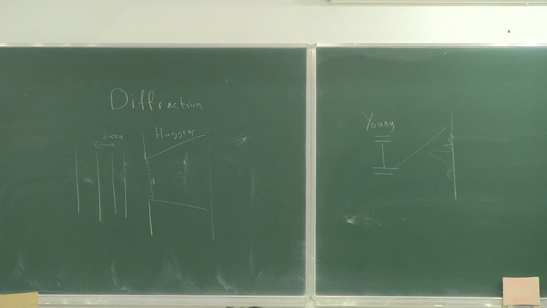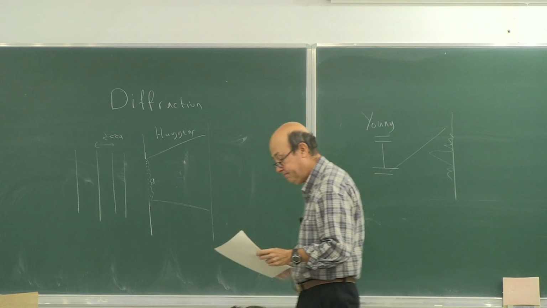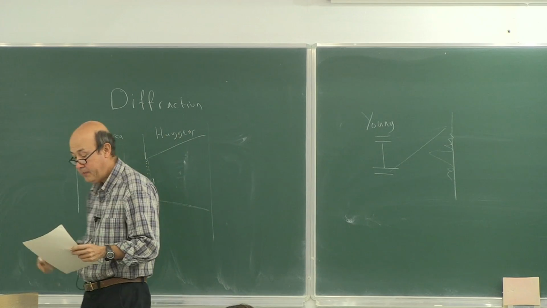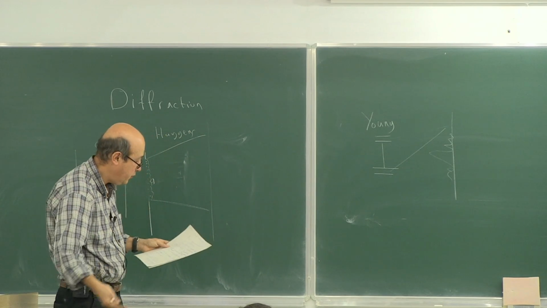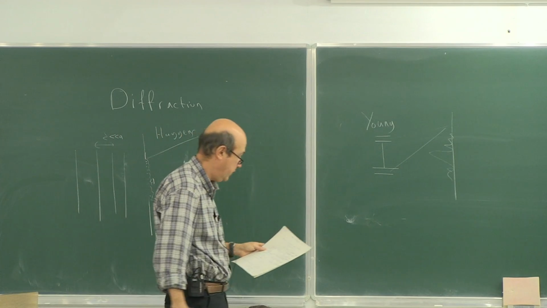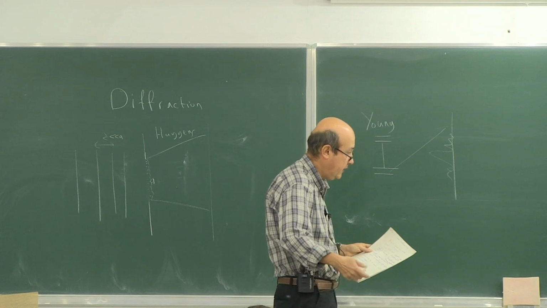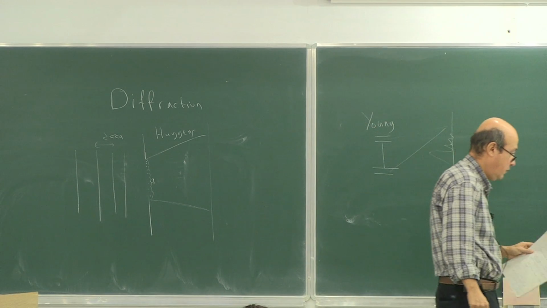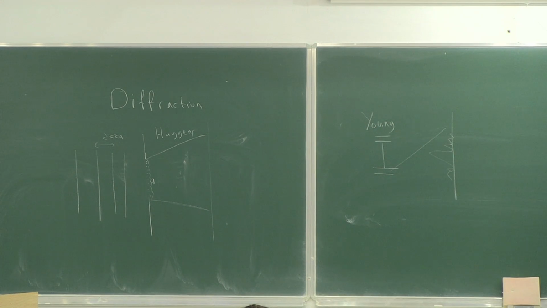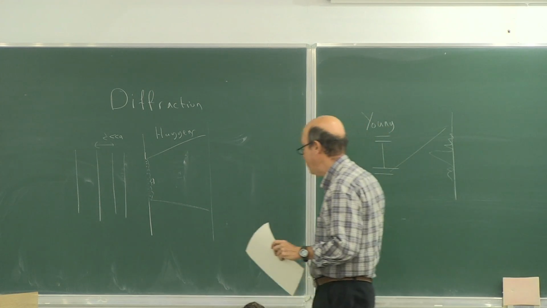So today we will use the methods of the mathematical theory, or electromagnetic theory, of classical optics. Classical optics is different from geometrical optics, because the wave nature is much more important.